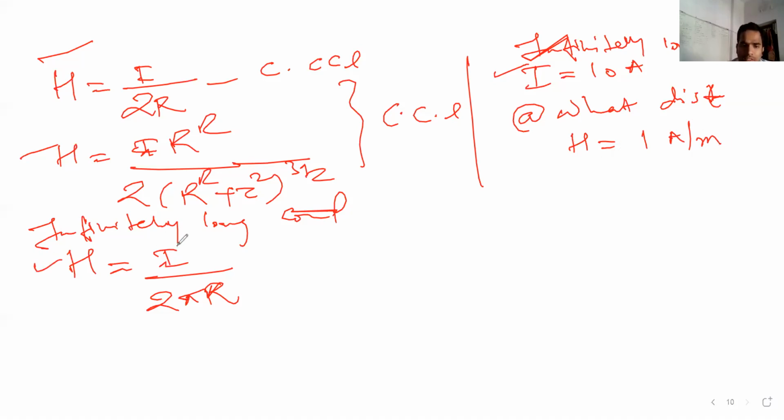I hope the unit of H is clear, we discussed it in the last lecture: ampere per meter, right? So H is given, I is given, I wish to find r. You all can do it, right?